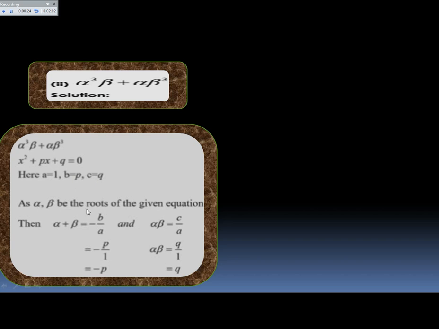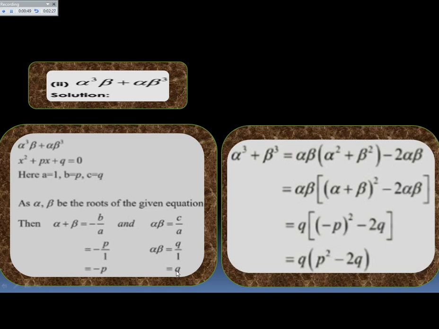As alpha, beta are the roots of the given equation, alpha plus beta is equal to minus b upon a, which is the formula of the sum of the roots, and alpha beta is equal to c upon a, which is the product of the roots formula. Putting the values of a, b and c in the equations, the sum of the roots is minus p and the product of the roots is q.